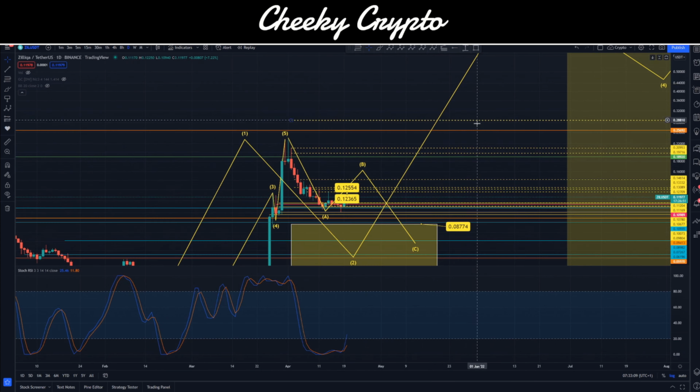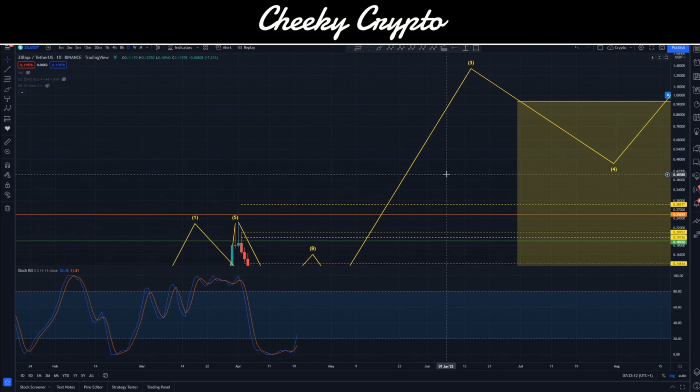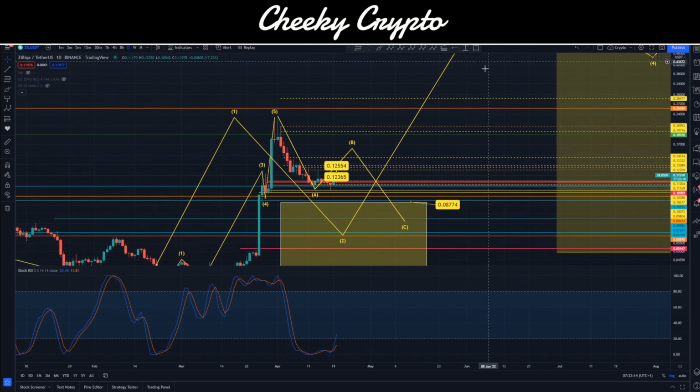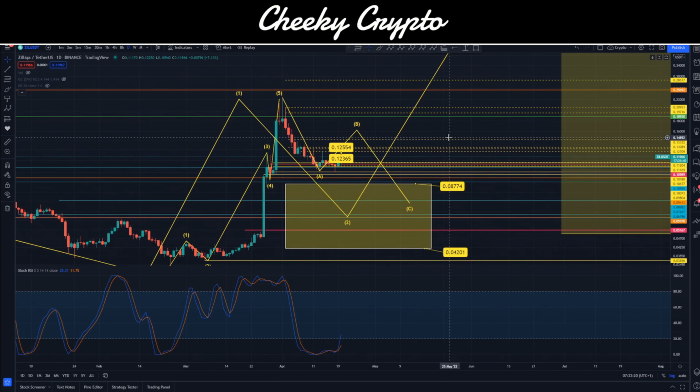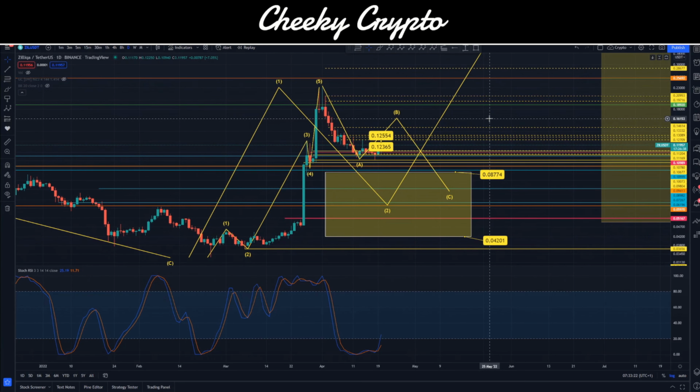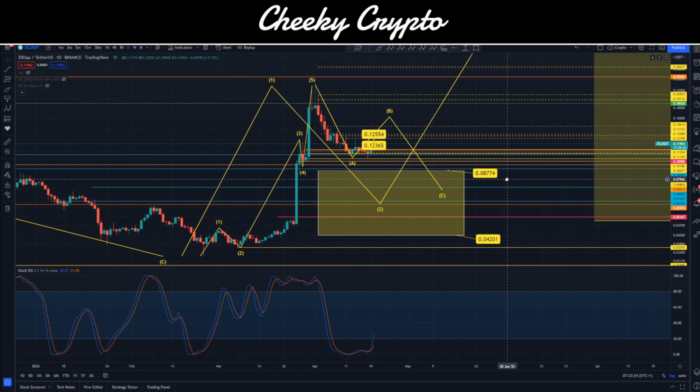But if we end up with a nice $1 launch for Zilliqa, we could be looking at a wave 1, 2, and 3 move before a pullback and then a final launch upwards. Again, we could end up looking at a multi-dollar project here, which could be an absolutely insane number of gains in the potential future for ZIL.